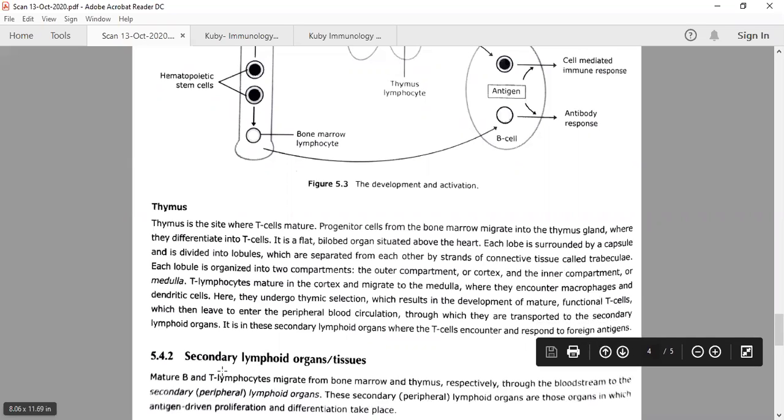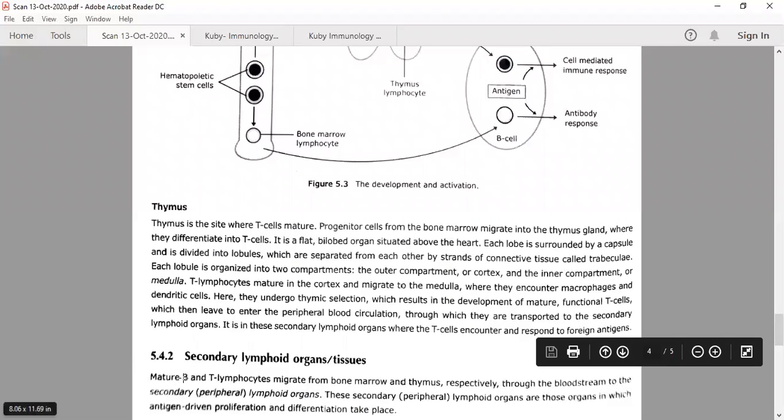The mature B and T cells migrate from bone marrow and thymus respectively, through the bloodstream, to the secondary or peripheral lymphoid organs, because the B and T cells should interact with the real antigens, and these real antigenic challenges can be found only in secondary lymphoid organs.